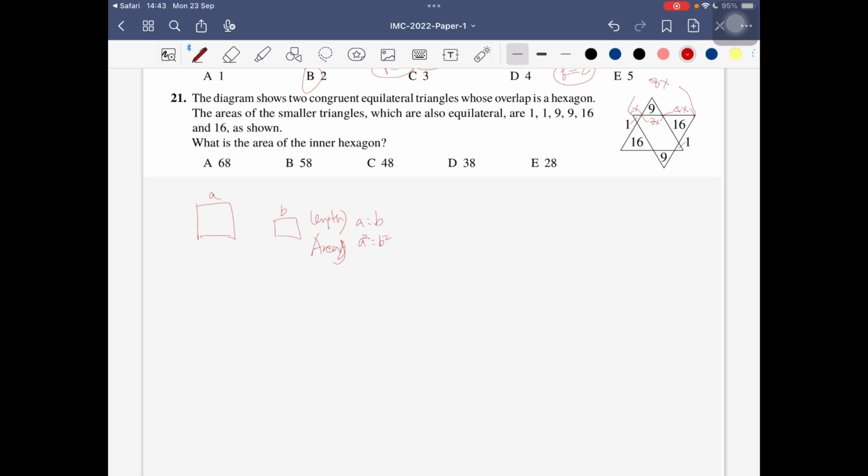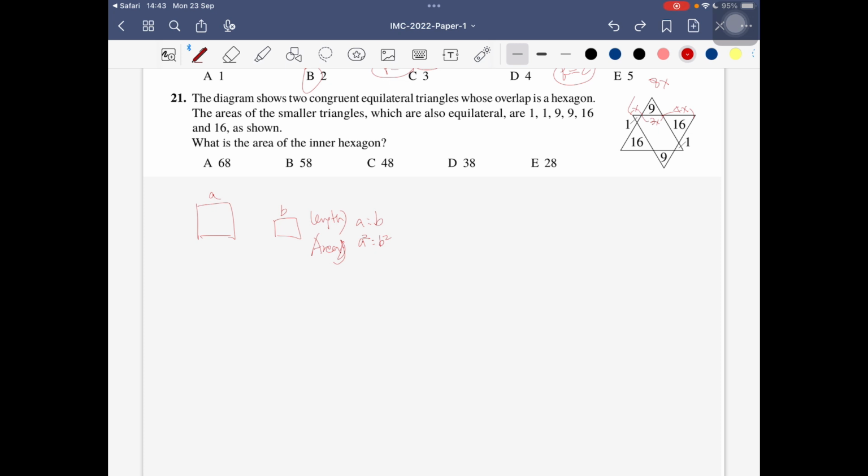So we can tell that this shape, when we put two equilateral triangles together, there is a shared part, which is here. So we will add them together and take one out from this two-layer part.